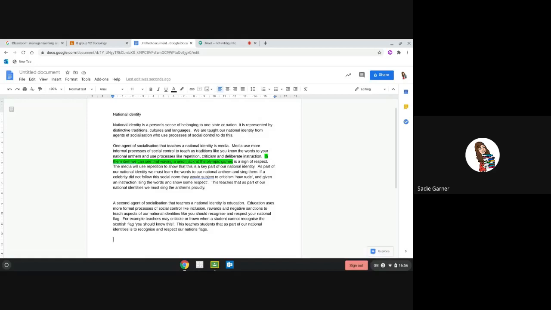So my third agent. In an AS paper, you need 2 paragraphs, which is what it says there. But in an A level, you will need 3 for top band. So a third agent that teaches a national identity is family.